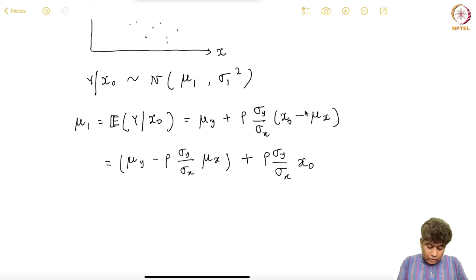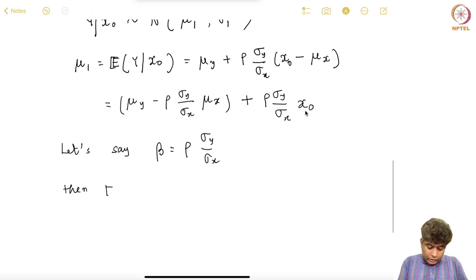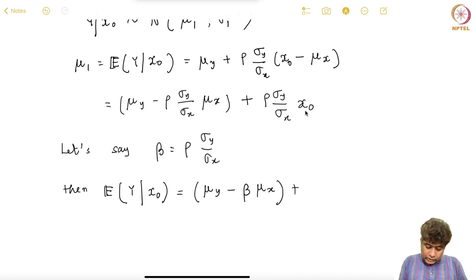Now let's say beta equal to rho of sigma y by sigma x. Then my conditional expectation of y given x naught, I can write it as mu y minus beta mu x plus beta times x naught.